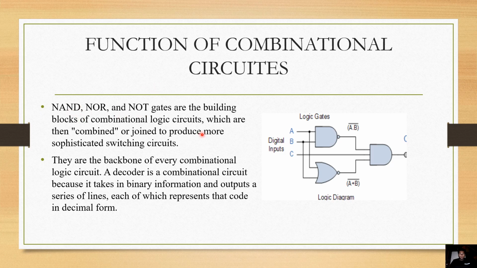NAND, NOR, and NOT gates are the building blocks of combinational logic circuits, which are combined or joined to produce more sophisticated switching circuits. They are the backbone of every combinational logic circuit. A decoder is a combinational circuit because it takes in binary information and outputs a series of lines, each of which represents that code in decimal form.